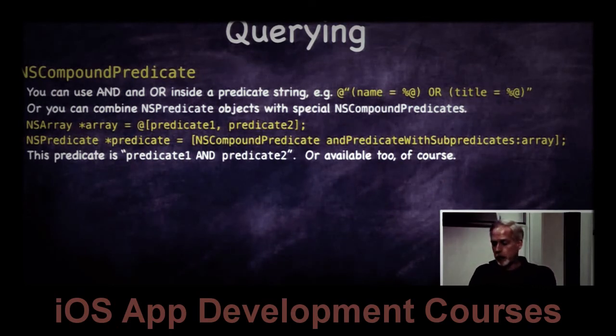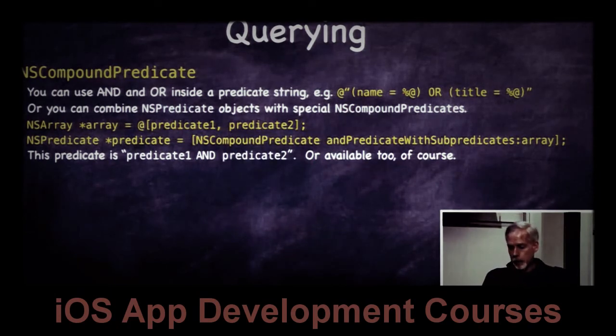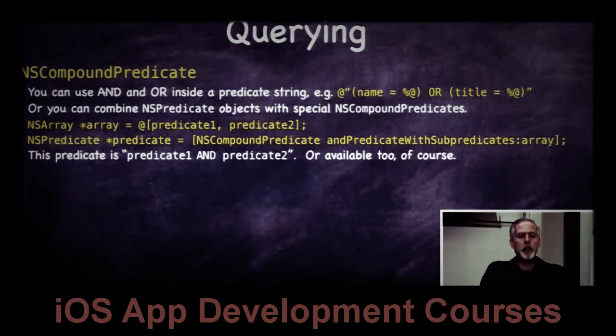Kind of wouldn't make much sense, but you could. You can also create compound predicates in code by using an and predicate or an or predicate in NSCompoundPredicate. And it just takes an array of other predicates and makes a compound one. Okay? That's like if you want the anding and oring to be if-then in code as opposed to just built into the string.